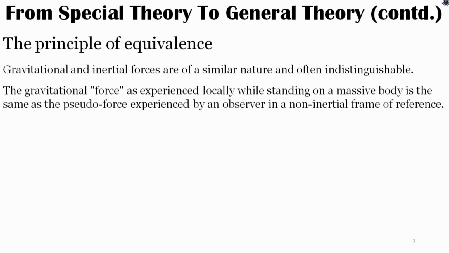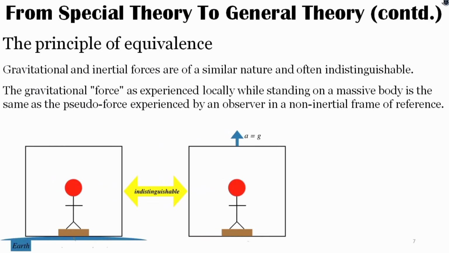So again, I would like to repeat that there is no physical difference between an accelerating frame of reference, which is accelerating up or down, and one in a gravitational field. If the two frames are equivalent, then gravity can have special effects. So I would like to show you this photograph: a person standing on Earth, and on the right hand side, a person or object accelerating at a rate, say g.